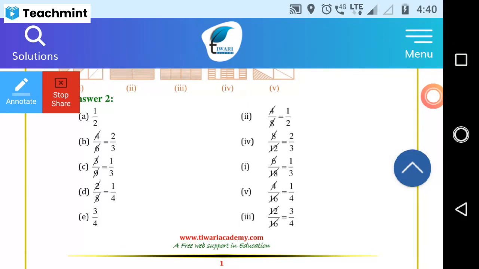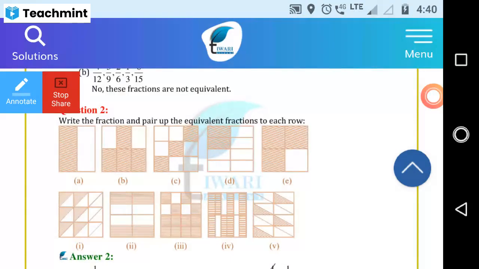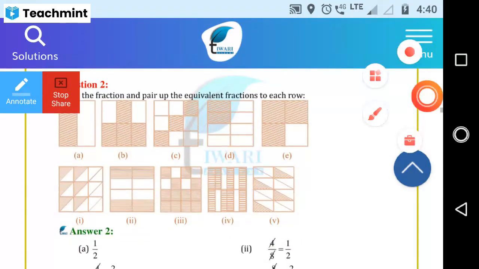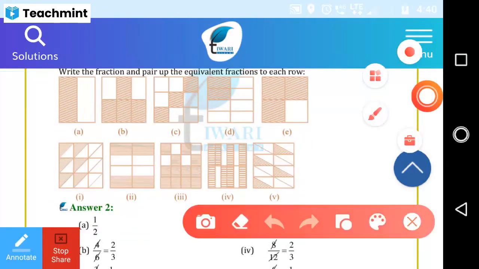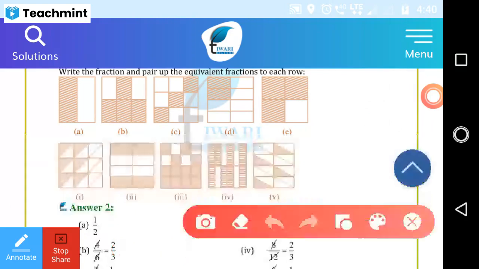Yes, look here. First we just write down the fractions. Tell me the first one, Gargi, fraction. 1/2. Next one, Harivardhan. Ma'am, 2/6.